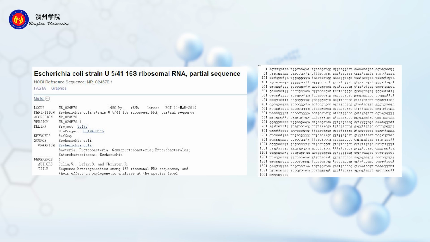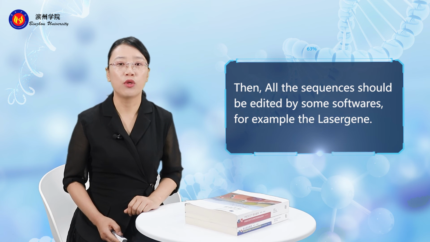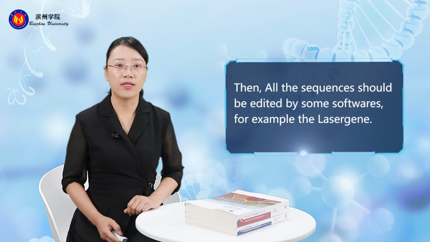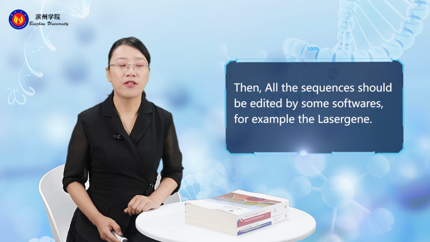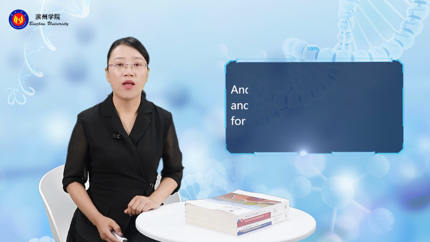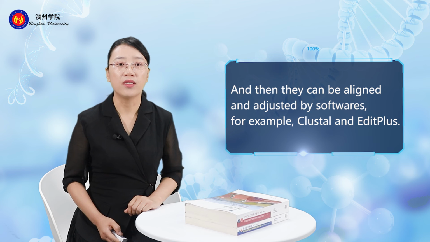The first file can be downloaded. Then, all the sequences should be edited by some software, for example, the lysogen. And then they can be aligned and adjusted with software, for example, Cluster and Edit Plus.